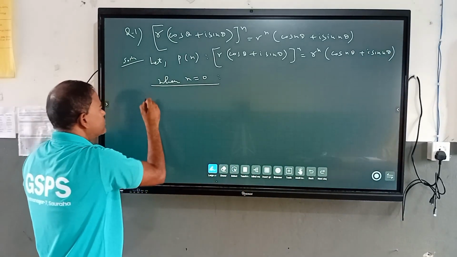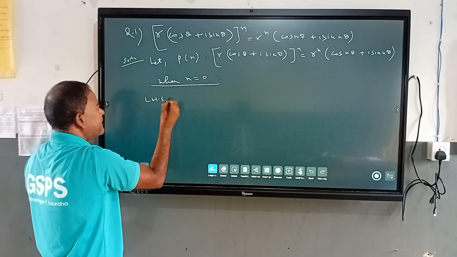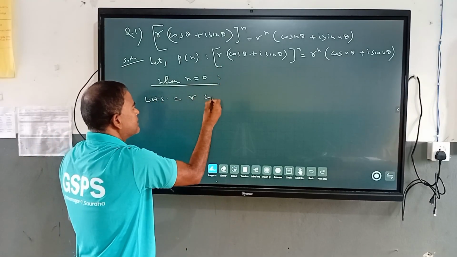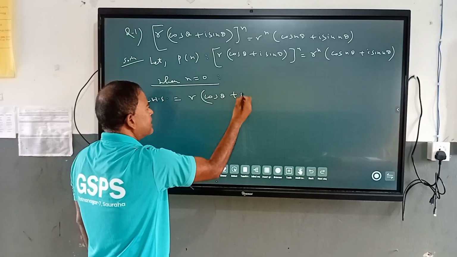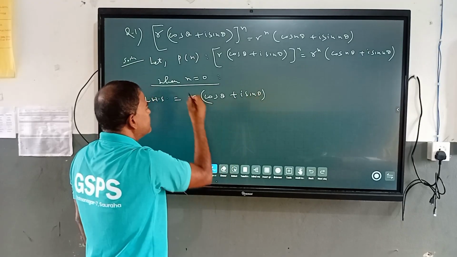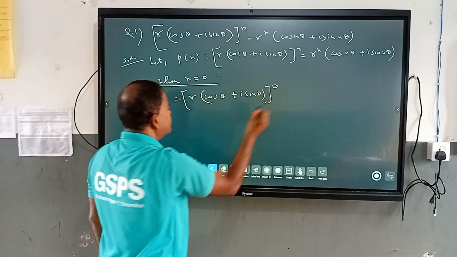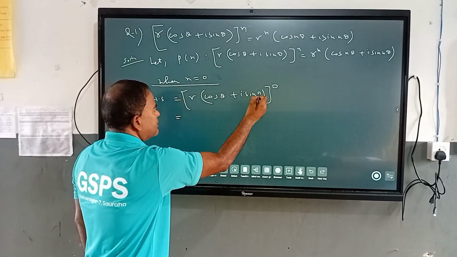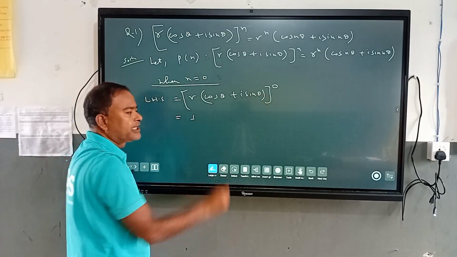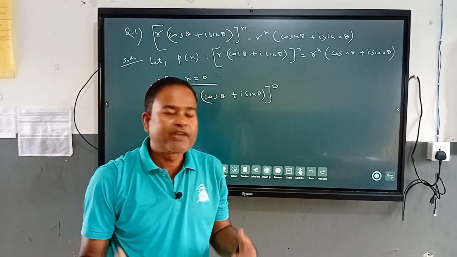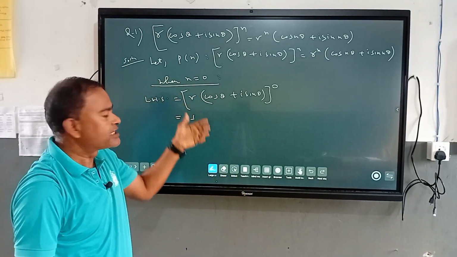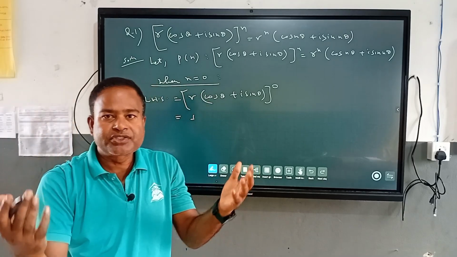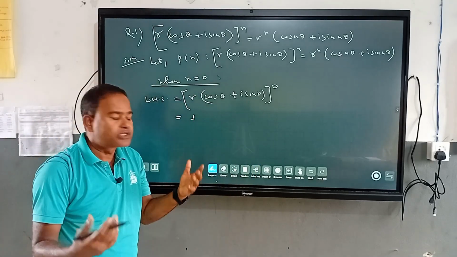So when n equals 0, LHS equals (r(cos theta + i sin theta)) whole power 0. Dear students, if we take whole power 0, then we get the value of LHS equals 1, because any number raised to power 0 equals 1.